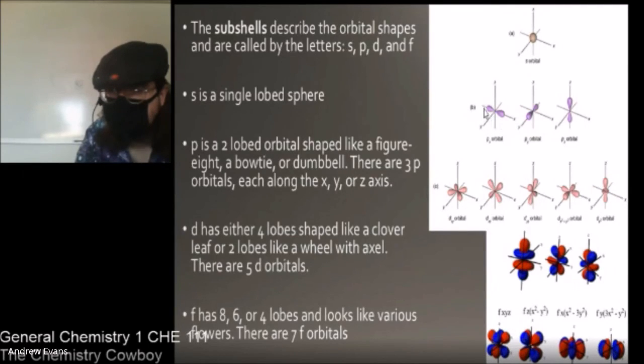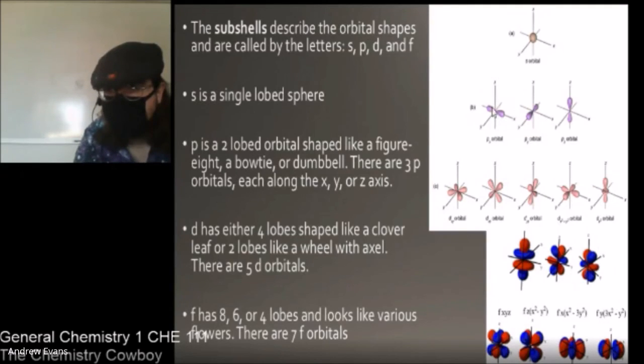Now P, there are 3 different P orbitals. P orbitals are double-lobed, meaning you can see 2 distinct shapes. They look kind of like a figure 8 on its side, or a bow tie, or a dumbbell, whatever you want to picture. If S is zero-dimensional, P is kind of one-dimensional.